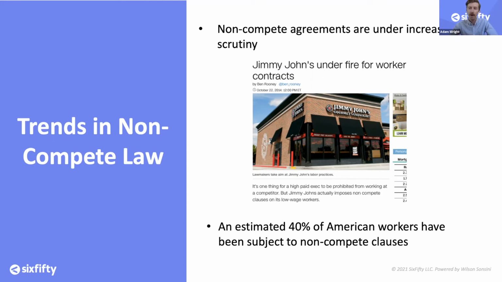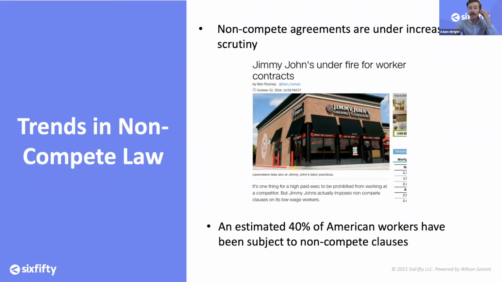One of the most prominent examples of that is Jimmy John's. In this case, Jimmy John's got in a lot of legal trouble for using non-competes for their low-wage sandwich makers. They were prohibiting them from working for other sandwich shops. So a Jimmy John's worker couldn't go work at Quiznos or Subway, for example.